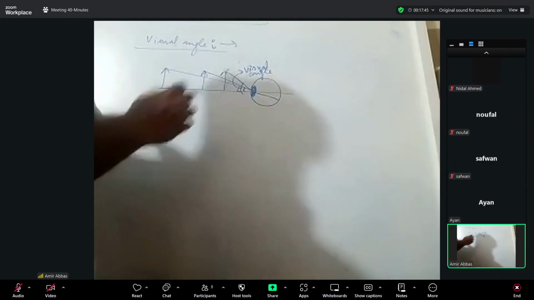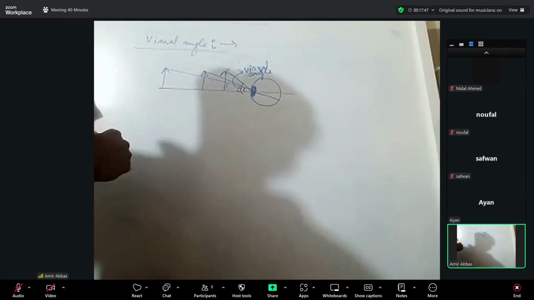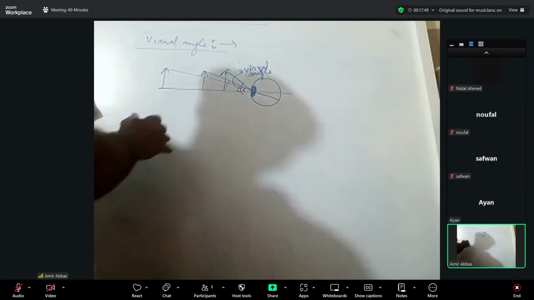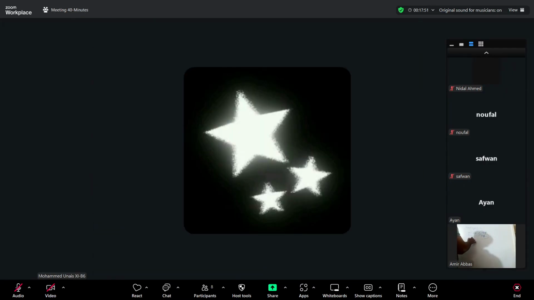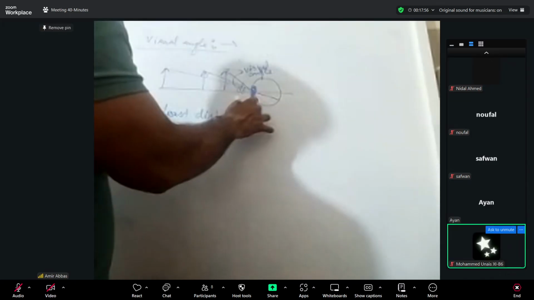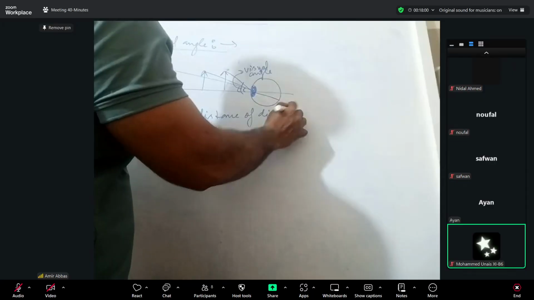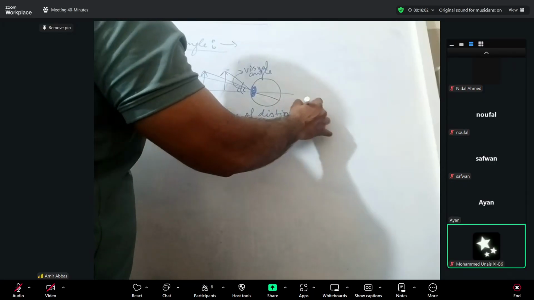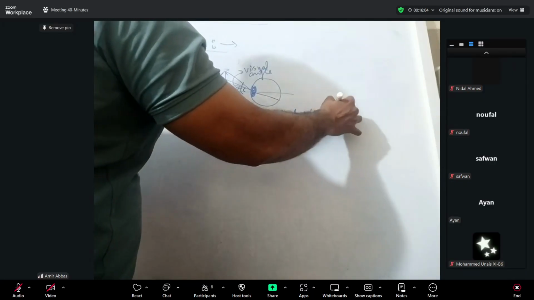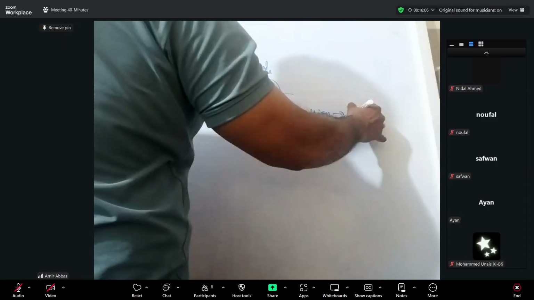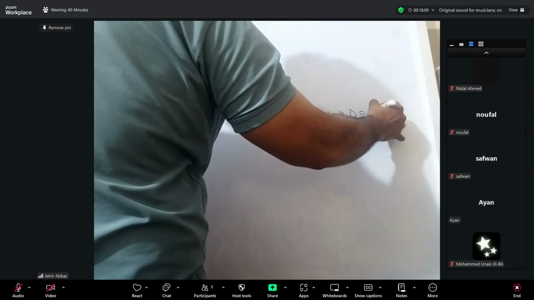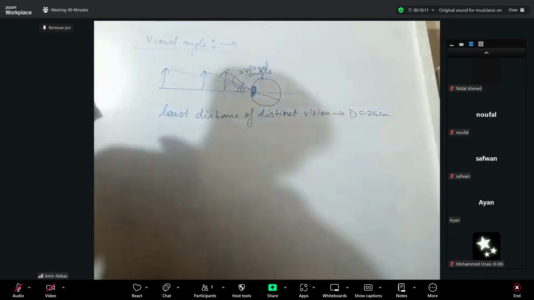But up to what closeness from the eyes can we see clearly? That is called the least distance of distinct vision, and we take D equals 25 centimeters.